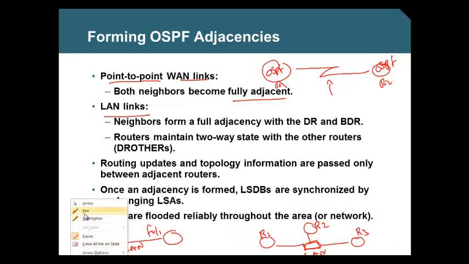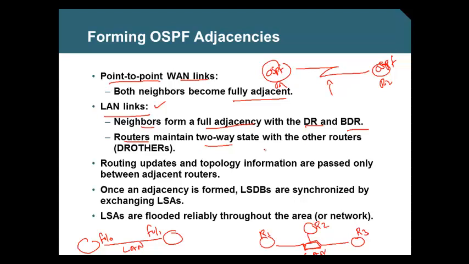So what happens when you have a LAN link? Neighbors are formed with full adjacency only with those routers that are elected as designated router and backup designated router. With all other routers, it maintains two-way state.